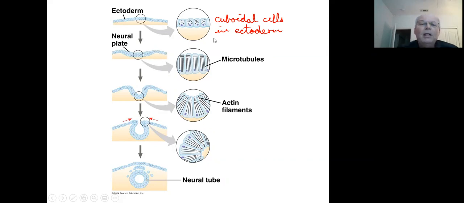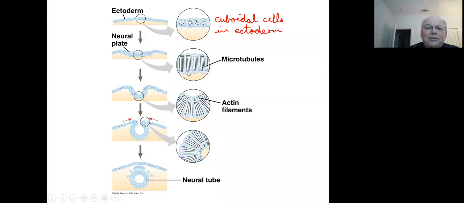cells. That elongation into columnar cells is driven by microtubules growing at one end of the cells, and in this case, it's the outer end of the cells that are facing outside of the embryo. A layer of actin filaments, microfilaments, forms up at right angles to the microtubules.